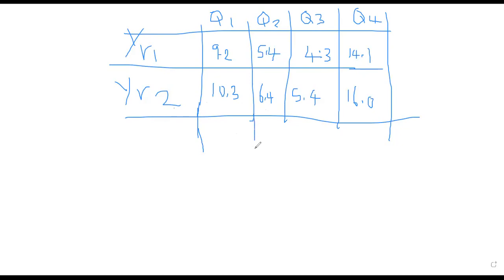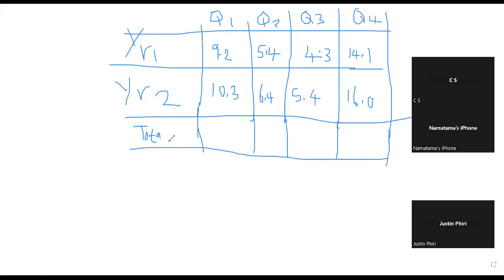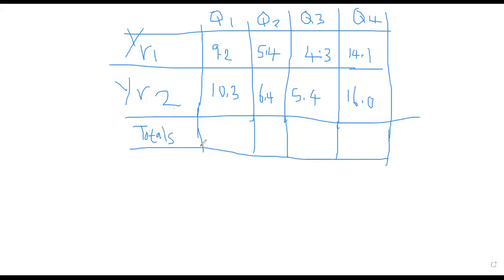Here we are supposed to do the totals. So we are supposed to have the totals here, and then the average when getting the equation.